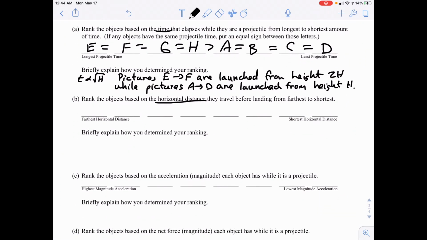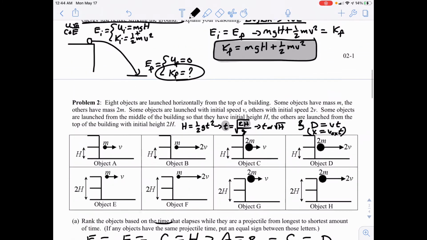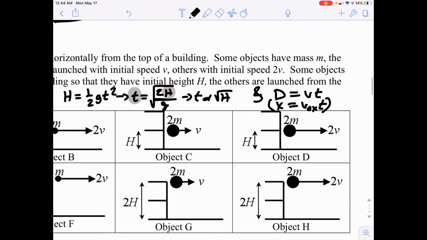Well, in part B, we now have to rank them a little differently, because if we keep into account that D is equal to V times T, and we put it together like we did in problem number 1, then D equals V times T can be written as D is equal to V times the square root of 2H over G. It seems that when you're dealing with distance, you now have to combine velocity and height.